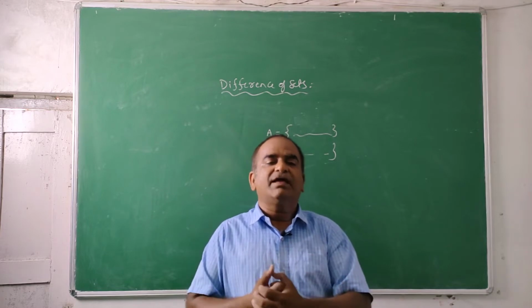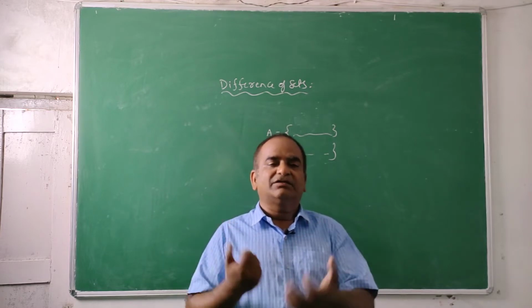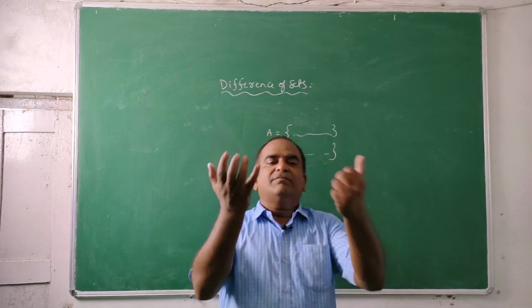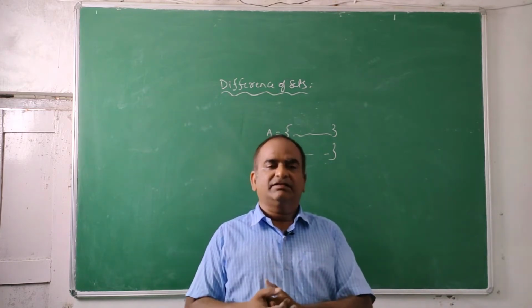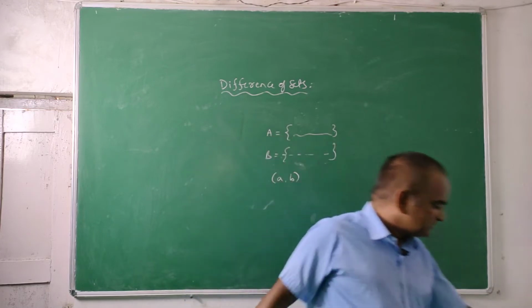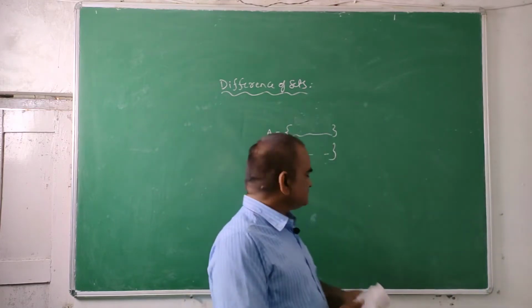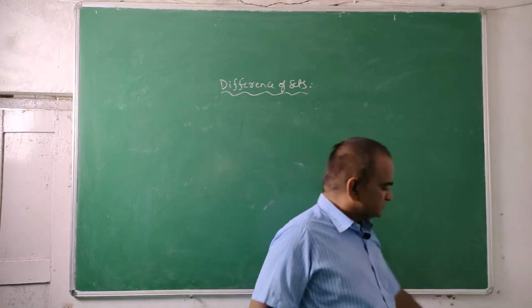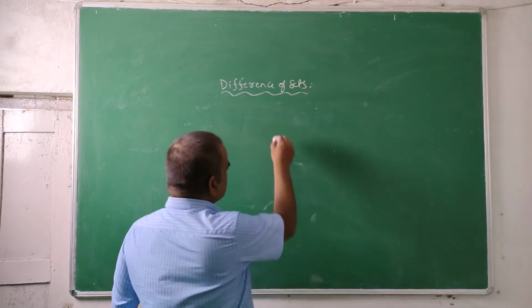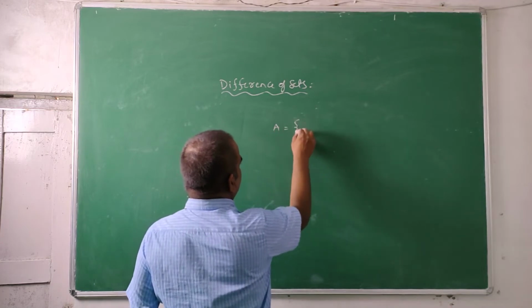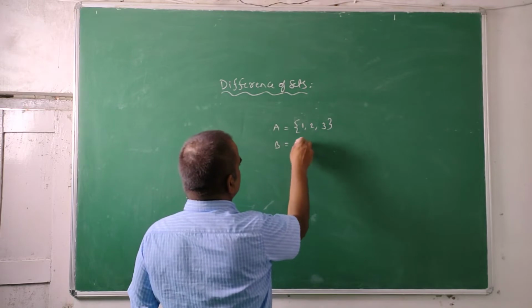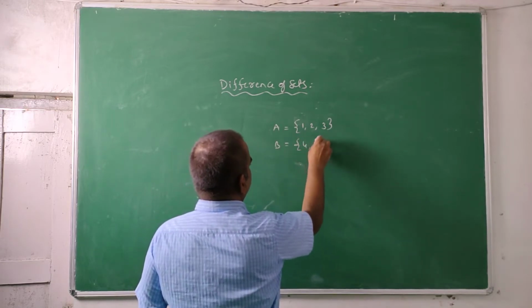But come what may, whether they are different sets or the same sets, no matter, those elements are to be taken from two sets, equal or different. See, for example, A is equal to {1, 2, 3}. B is equal to {4, 5}, say for a moment.